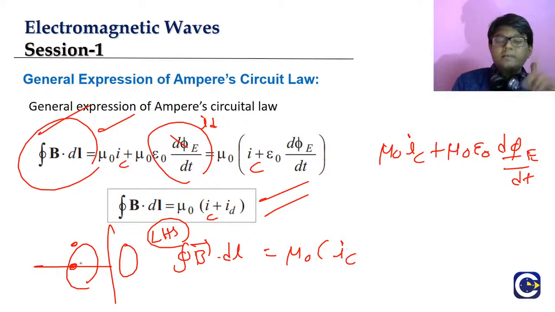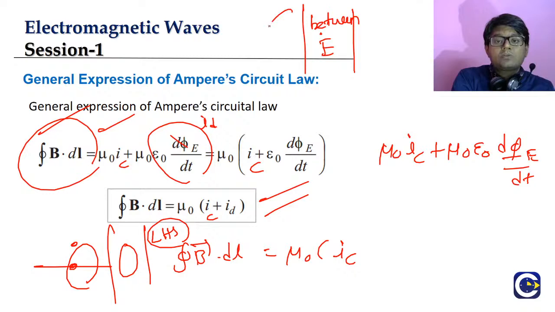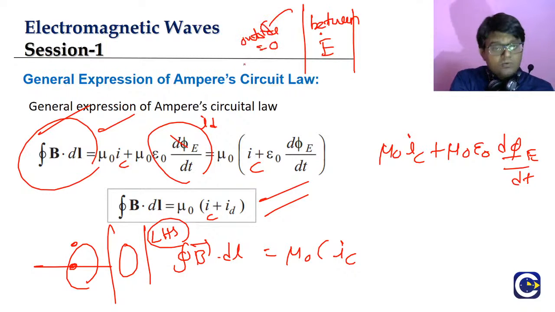Remember, we keep saying this: if you have capacitor plates, the electric field is going to be there only in the region between the capacitor plates. Outside, on this side as well as the other side, what is the electric field?